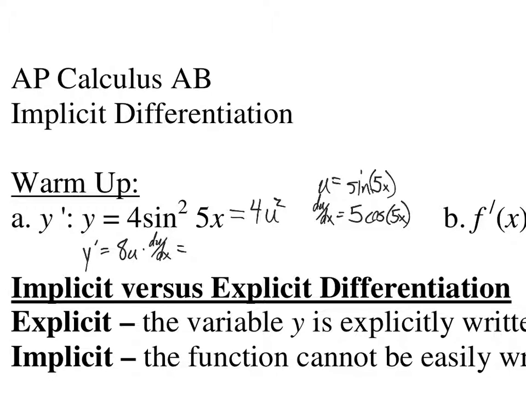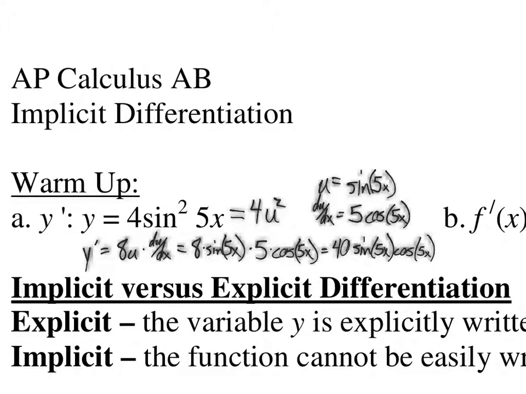So we have an 8 times sine of 5x times 5 times the cosine of 5x. And then we can put that together. We've got 40 sine of 5x cosine of 5x. Okay? Does that make sense?